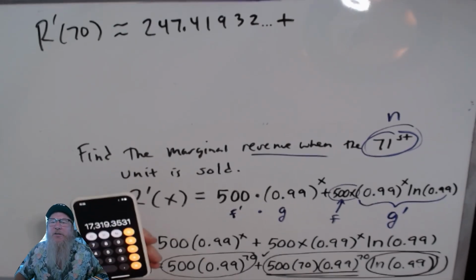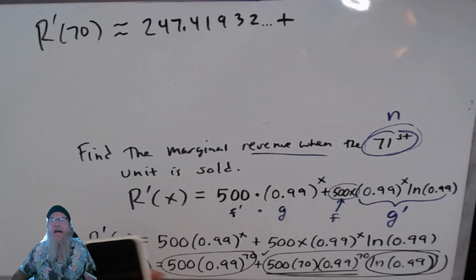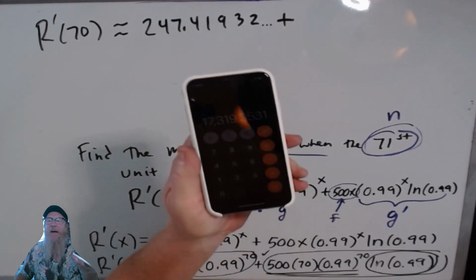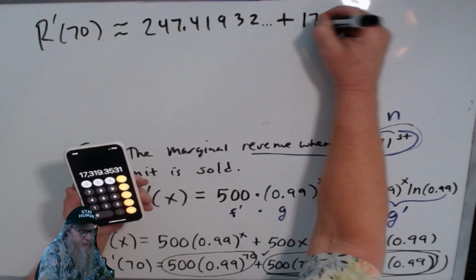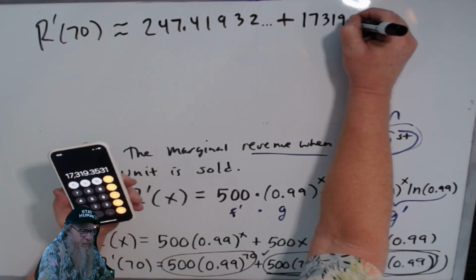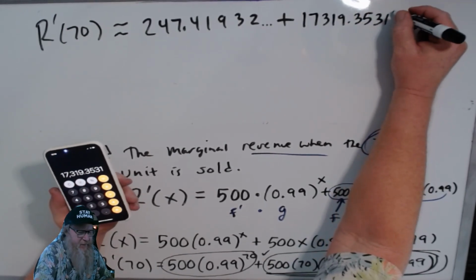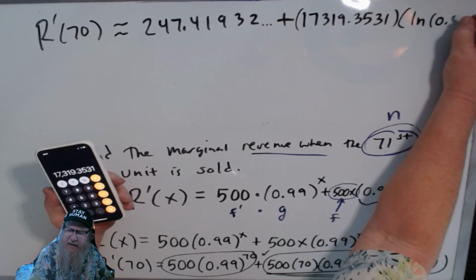Now I always screw this up, especially on a phone. If I had my old standard scientific, I might be able to pull it off. So I'm afraid I'm going to screw this up, so I'm going to write this down. And then if I happen to lose it, I can always recover my data.